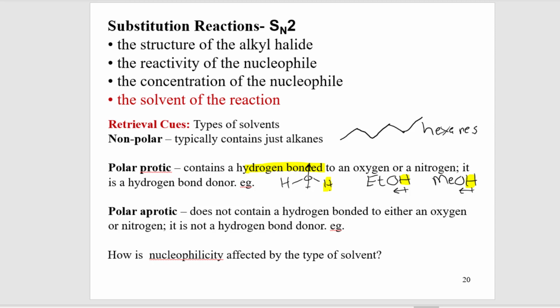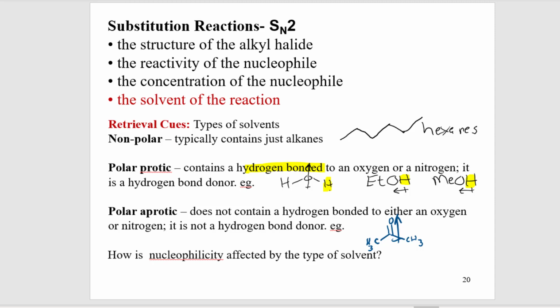Then you have polar aprotic solvents. Solvents that have polarity but don't have a hydrogen bonding type proton on them. So things like acetone, right? Because it's a ketone, but the hydrogens are on carbons. They're not on heteroatoms. So we've got a dipole moment there, but it doesn't have hydrogen bonding.